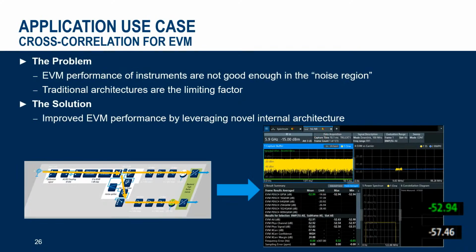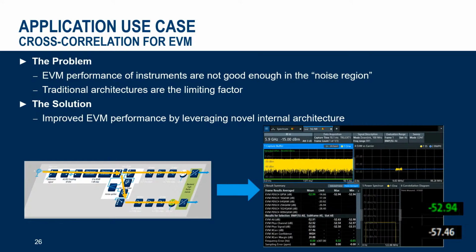In this case, we have a 100 MHz wide 5G signal, and without cross-correlation, we measure around minus 52.9 dB of EVM, and cross-correlation helps to increase the sensitivity to measure down to minus 57.5 dB of EVM, and even further. But that helps to measure really the device under test and not the instrument.